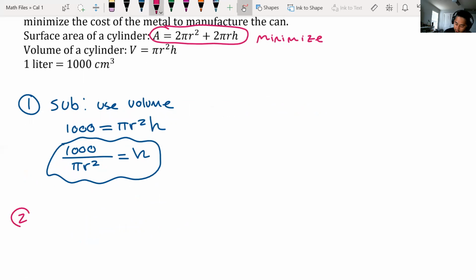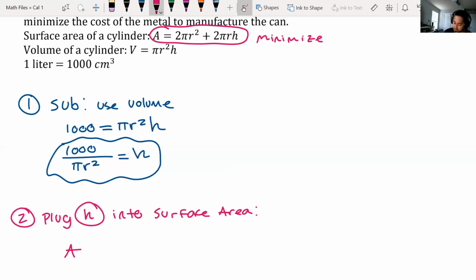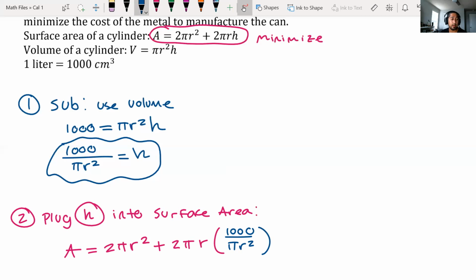Okay, 2. Plug H into surface area. So we have A equals 2 pi r squared plus 2 pi r times our new H value of 1,000 over pi r squared. And now we just have to simplify.